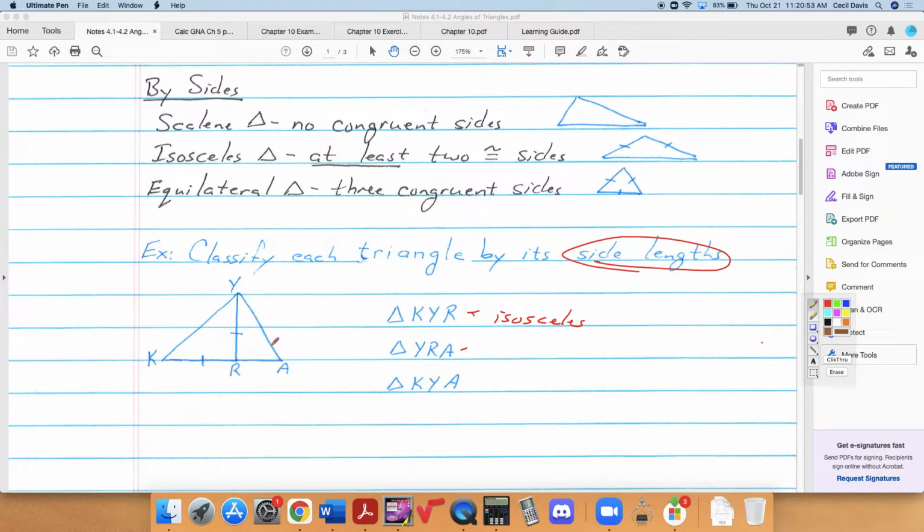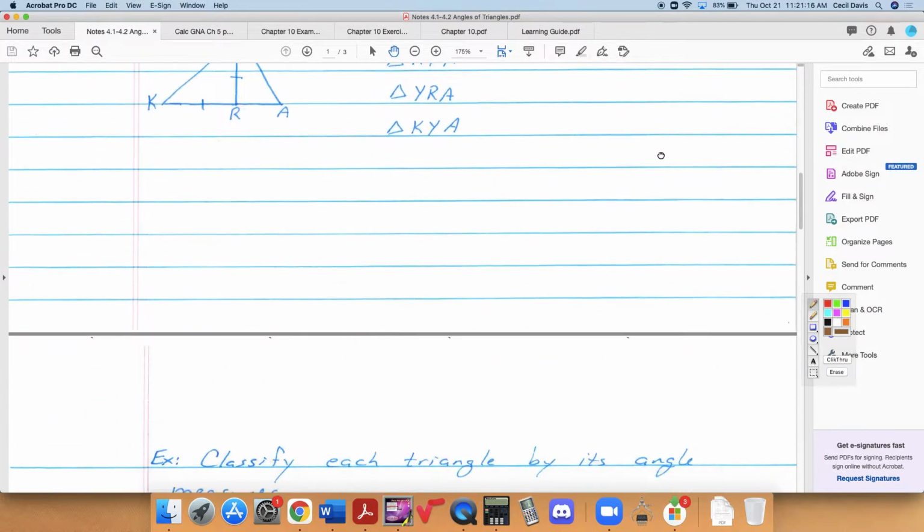YRA, we don't know that 2 sides are congruent, so that is scalene. And what about KYA? Also scalene. Yes? Oh, never mind. Okay. Moving on. Page 2.